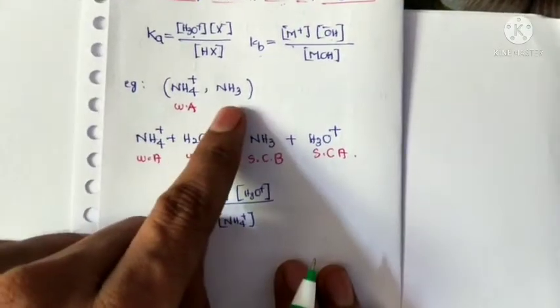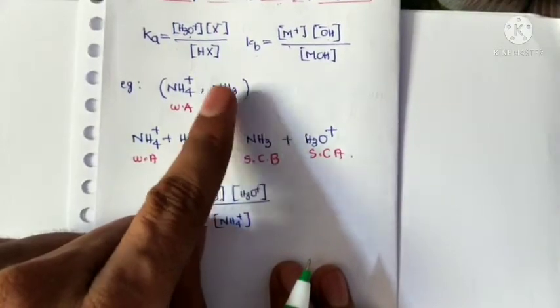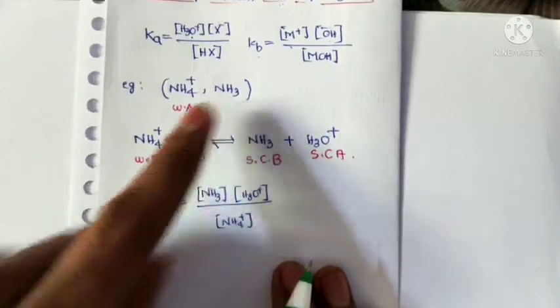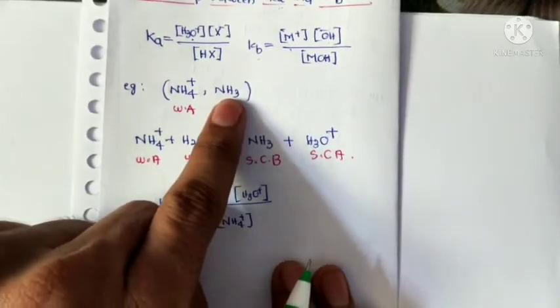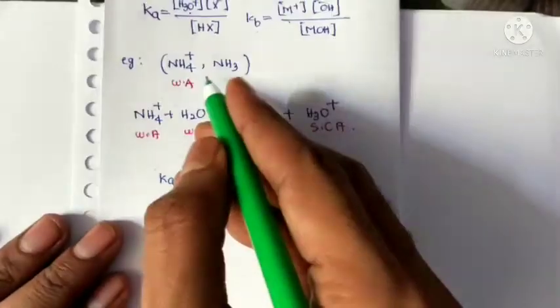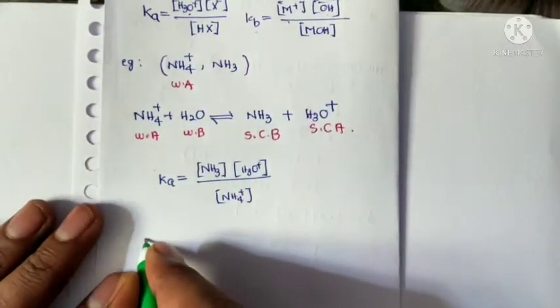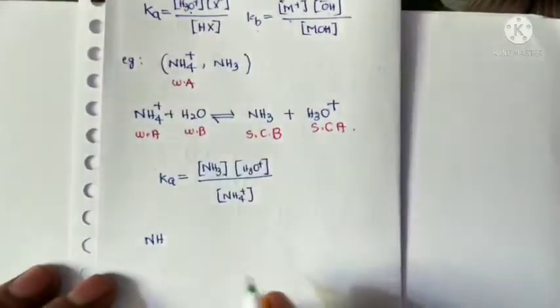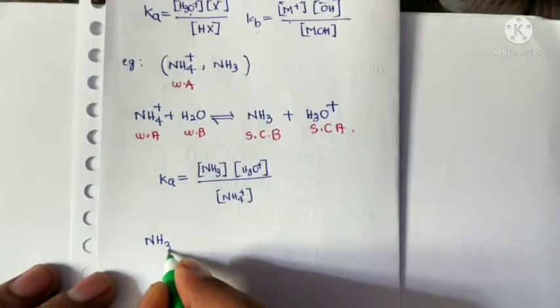Now the weak acid has a conjugate base, so now the dissociation of the conjugate base. It is also a weak base, but it is the conjugate base of the acid, ammonia.